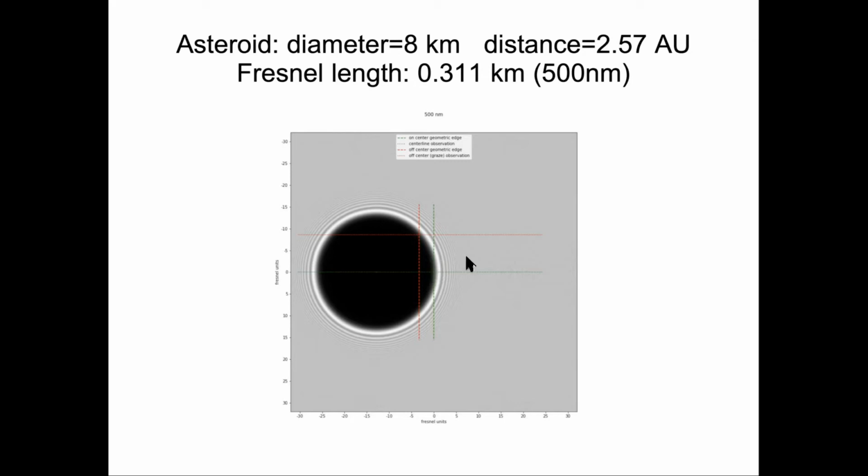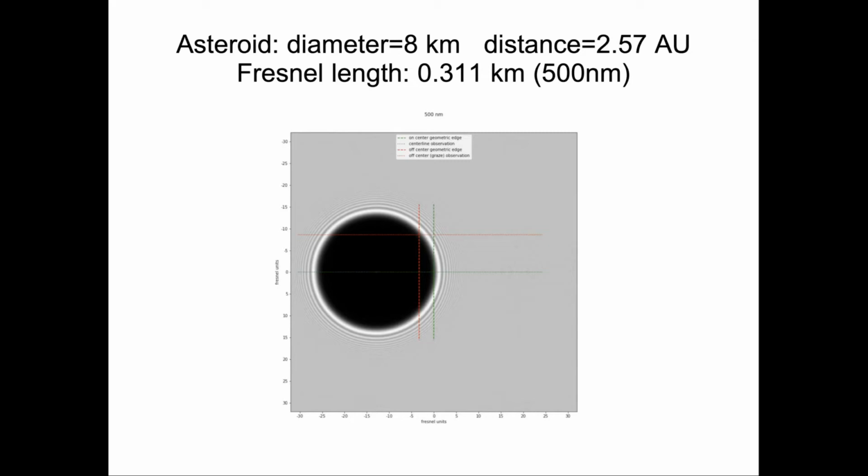Now, most of us will not be so lucky as to be on the center line, and we'll be somewhere offset. And so there's actually a graze phenomenon associated with diffraction, and that has to be taken into account because that distorts and stretches in kind of an odd geometric way the pattern of the light curve.